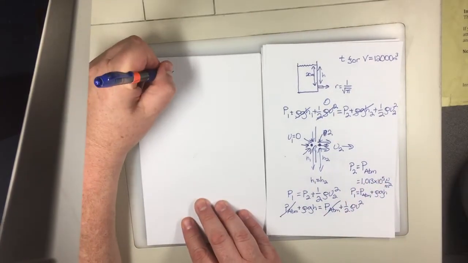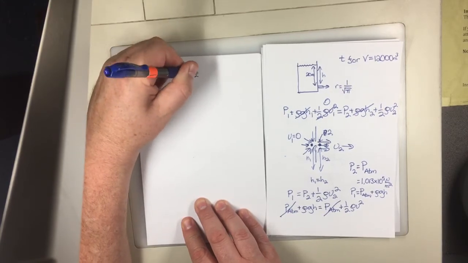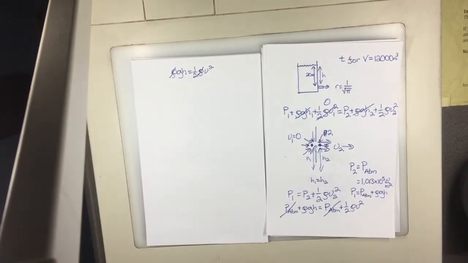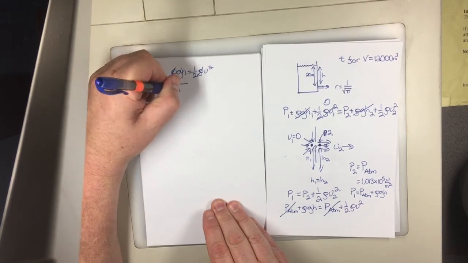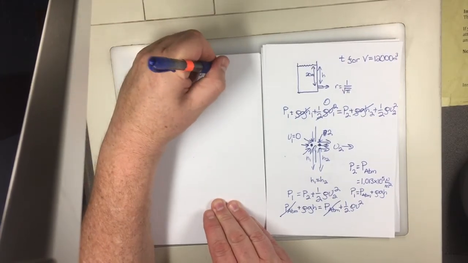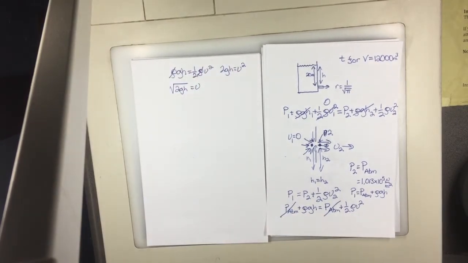And I'm left with rho GH equals 1/2 rho V squared. The density of the material doesn't matter. It cancels. So the square root of 2GH is equal to V, because 2GH is equal to V squared. So that's the velocity of the water.